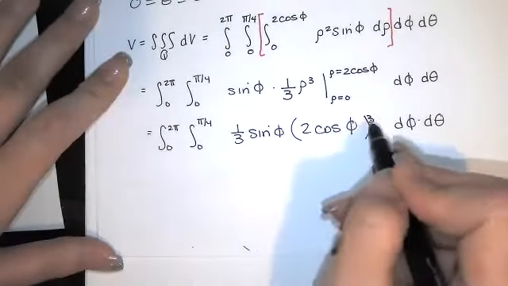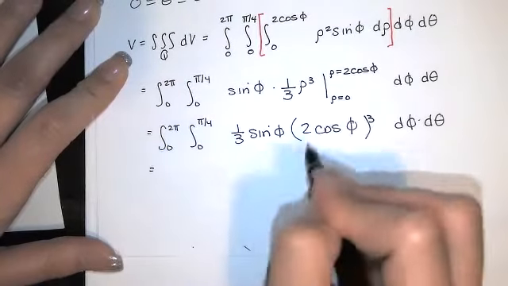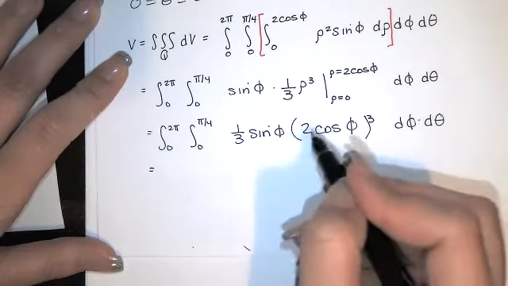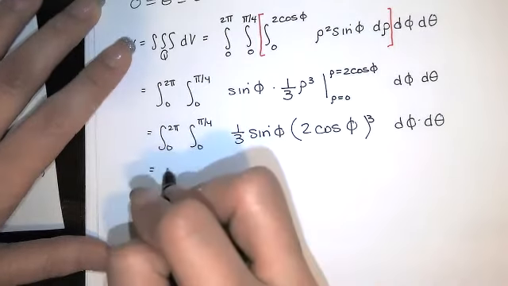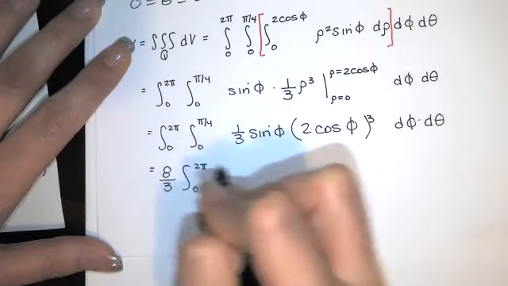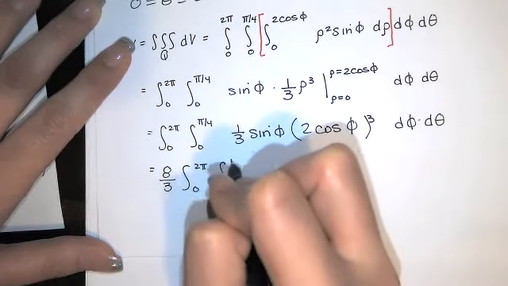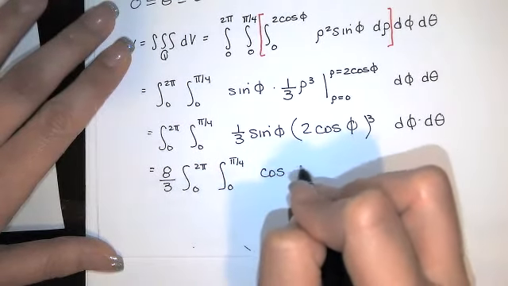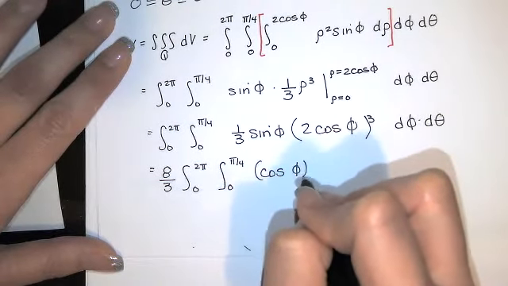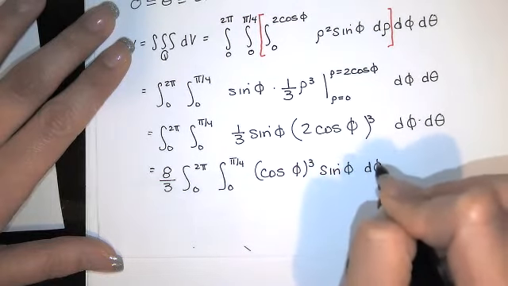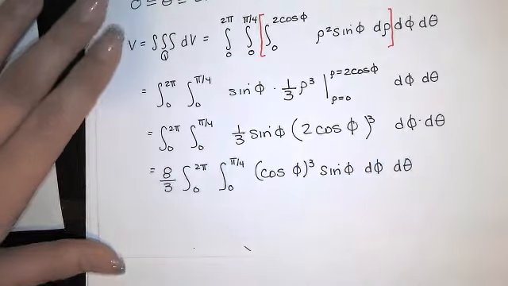So then you cube this piece and that piece. So it's going to leave me with an 8 times cosine cubed. I think I'll take out that 8/3. Let's factor it out to sort of get it out of the way. You don't have to, but it makes it a little cleaner. Now I've got cosine of phi, quantity cubed, times sine of phi, d theta.